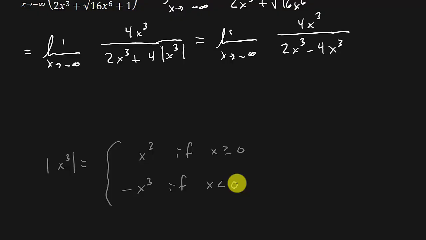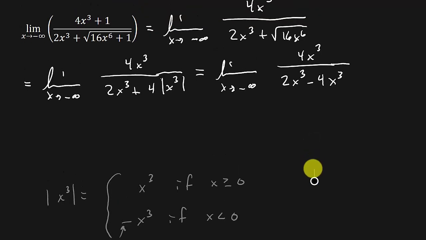Now, why is that? Well, if x is positive, it's fine. I'll plug a positive number in for x, cube it, I get a positive back. Remember, absolute value, you always get a positive answer. But if my x is negative, then say I have a negative 2 in for x, then negative 2 cubed is negative 8, and then I've got to multiply it by that negative to make it positive.